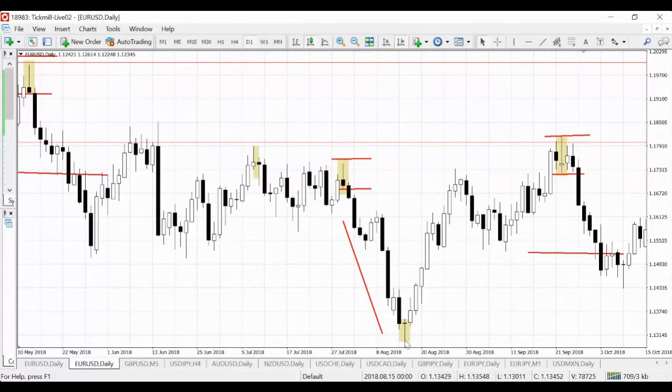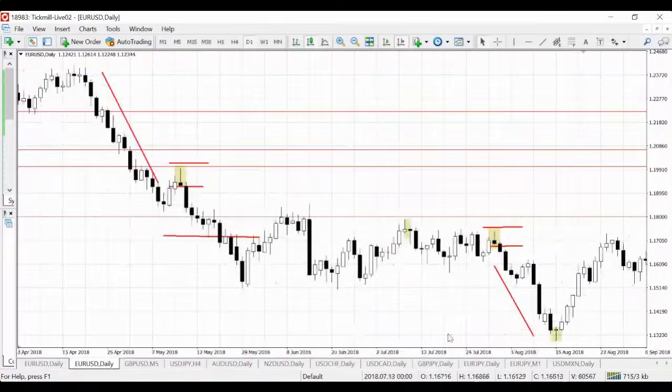In this scenario, this one would have succeeded. It's very easy to tell now that it would have been a successful signal, but I'm not sure I would have traded it because I don't have any information back here to tell me that's a support level.